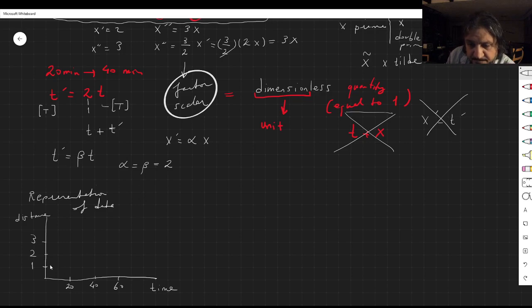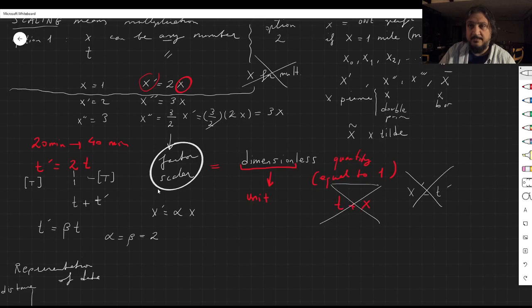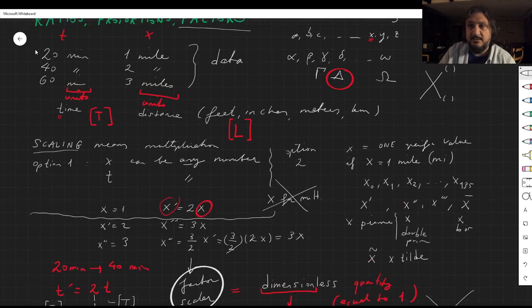So this point here represents the pair, the row in your table, right? In your table here, this row corresponds to that point.